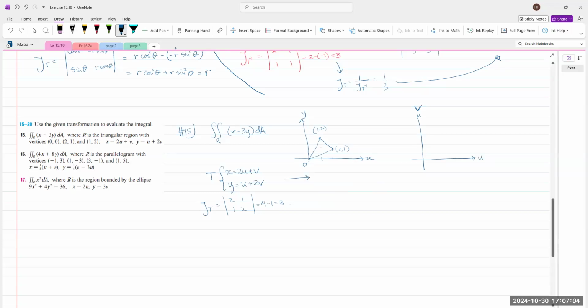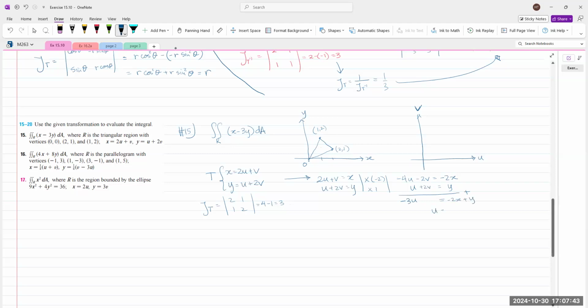So let me write it down first. 2u plus phi equals x, and u plus 2 phi equals y. If I want to find the u, I will kill the phi. When I add, I get negative 3u equals negative 2x plus y.